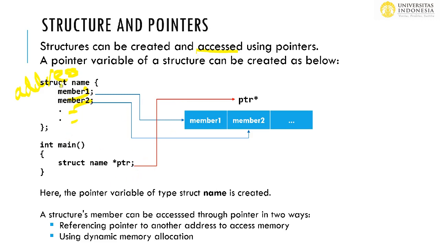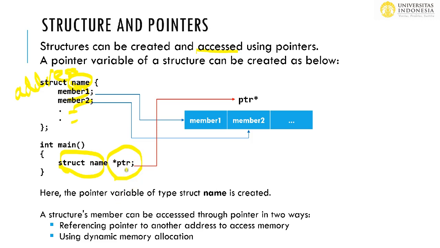For example, you have the structure name here. Define it. It has some members inside it, and in the main program you can declare struct name and define this structure using a pointer variable.